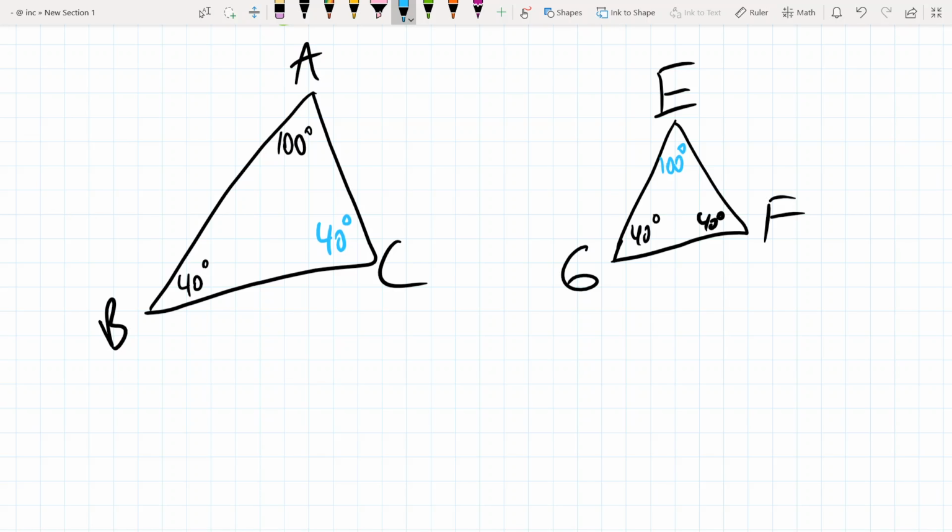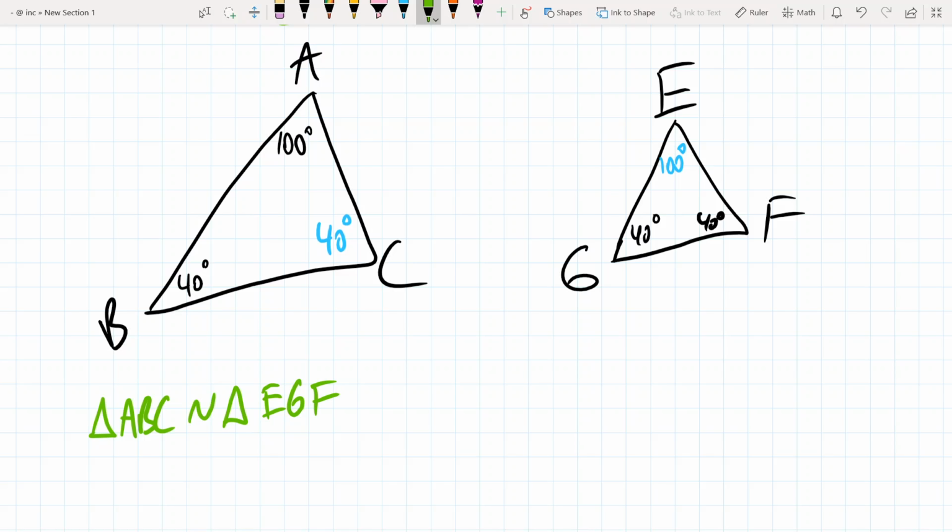So if you wanted to then give your explanation, you could say something like triangle ABC, and you don't even have to necessarily write it out like a similarity statement, like I'm writing it out. You could just say the triangles are similar because, but the way I'm writing it is triangle ABC is similar to triangle EGF.